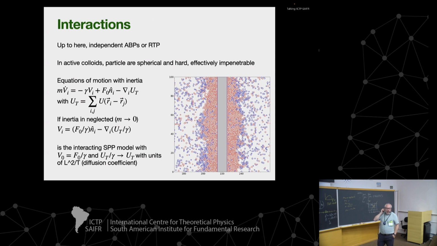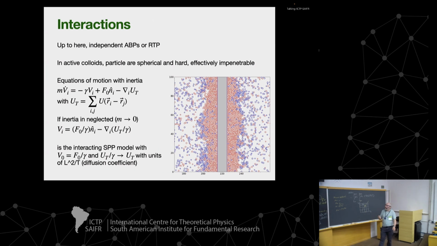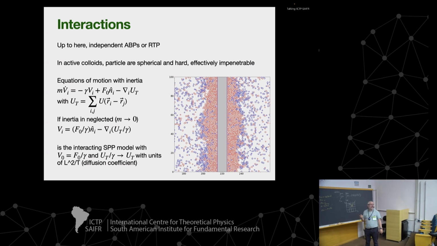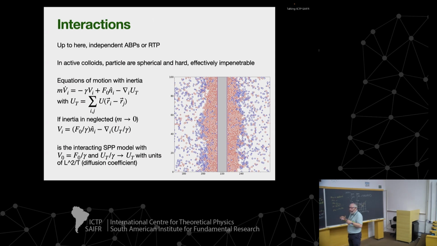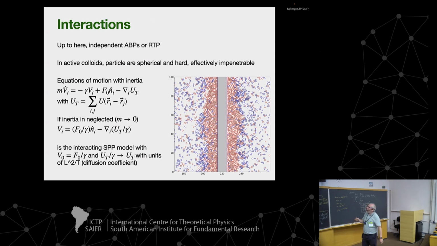So how do you get the equations of motion? I take one step backward, and I consider inertia first, as if particles, active colloids, were having inertia. So you write simply Newton's equation of motion: mass times acceleration of a particle.